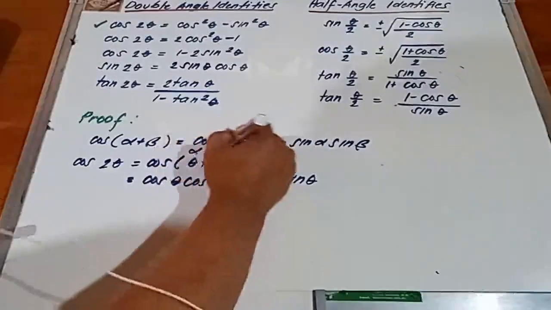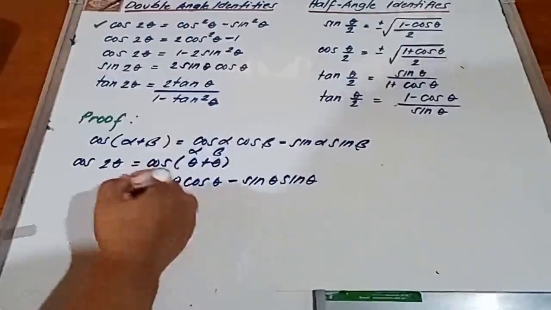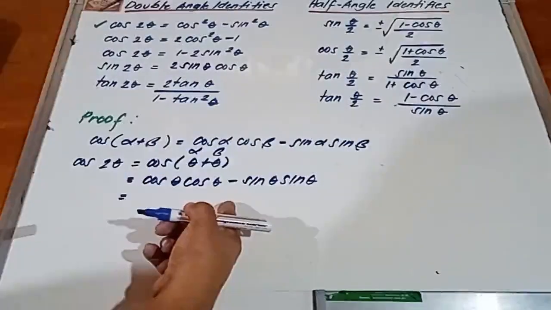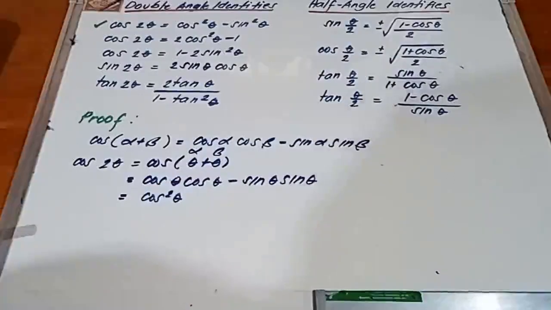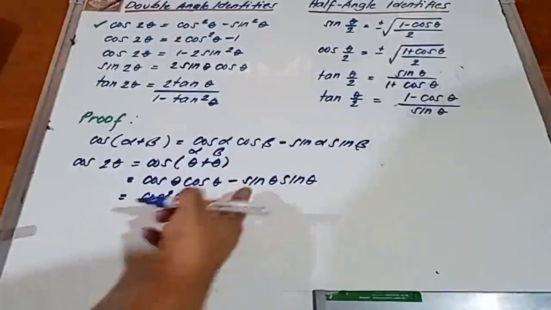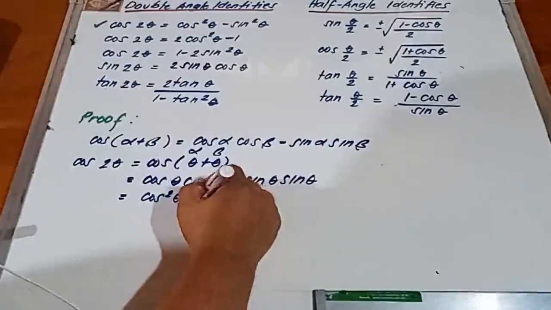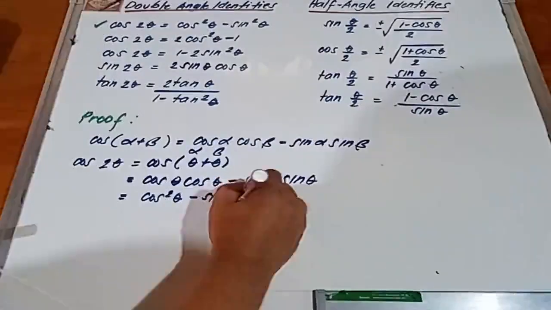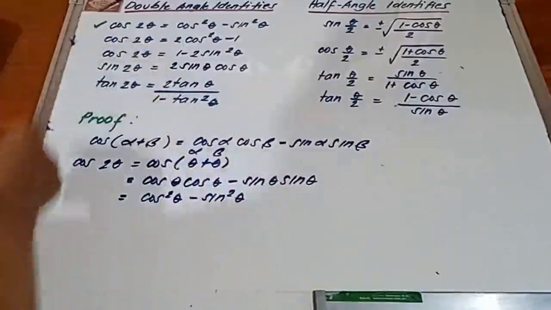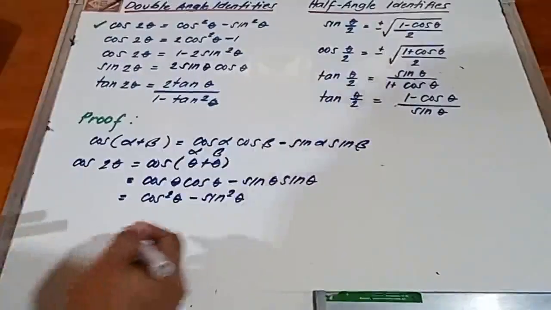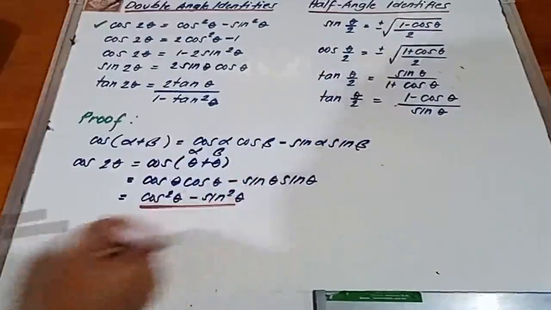Dito yung alpha nyo, ito yung beta nyo. Okay? So, cosine theta times cosine theta, that is cosine squared theta. Minus sine theta times sine theta is sine squared theta. So, mapapansin nyo, na-prove na natin yung ating first double identity, which is cosine 2 theta.